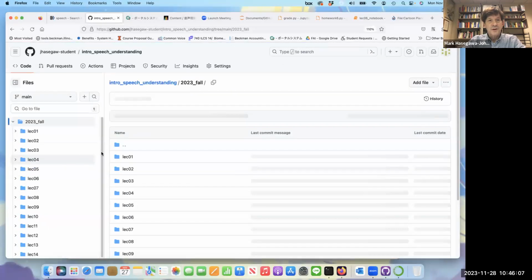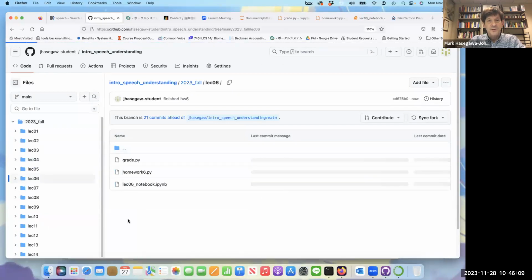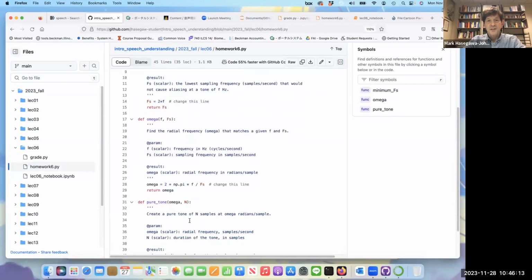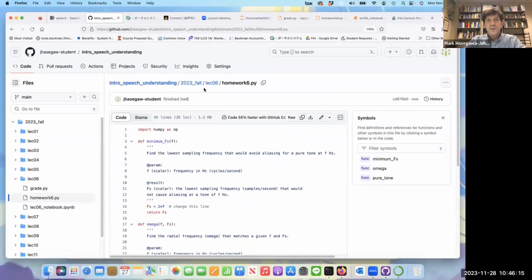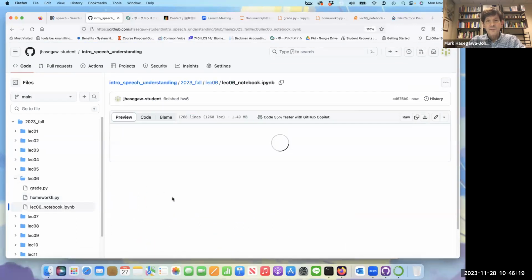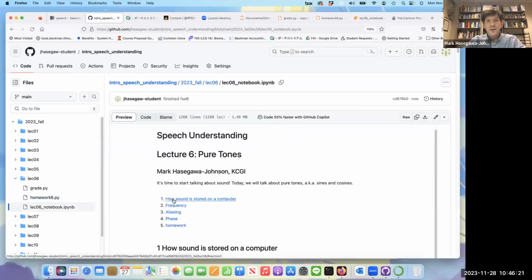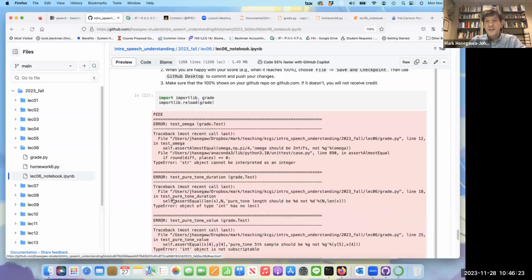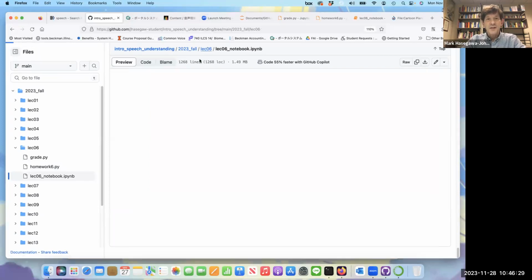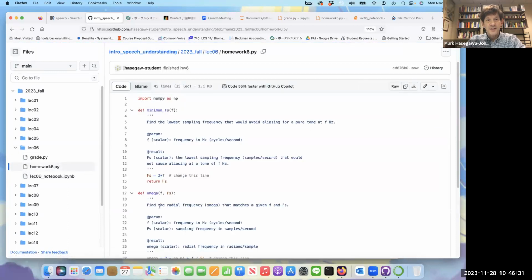Check to make sure that on your GitHub account, when you go to lecture 6, the homework 6 has all of the changes that you made, or that the lecture 6 notebook shows 100% at the bottom. So you see, oh, this one didn't check in. This one says 0%, but it does have the correct homework, so that's okay.